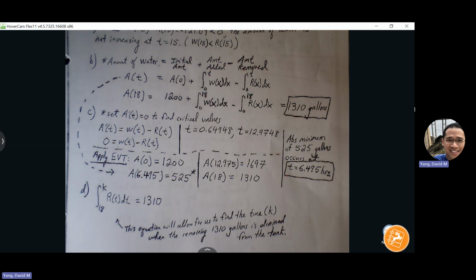Then you would just go through the power rule and then make it k cubed over 3 minus 18 cubed over 3 is equal to 1310. And if this is hard to solve, then what you would do is k cubed over 3 minus 18 cubed over 3 minus 1310, and then you would set it equal to 0.